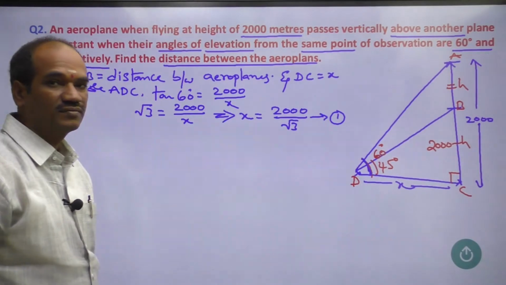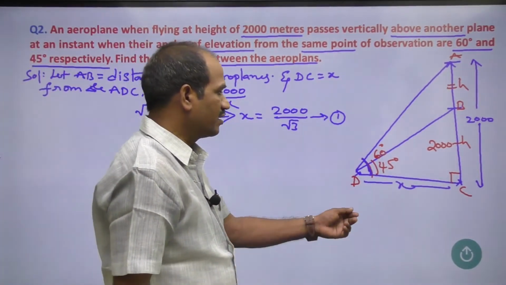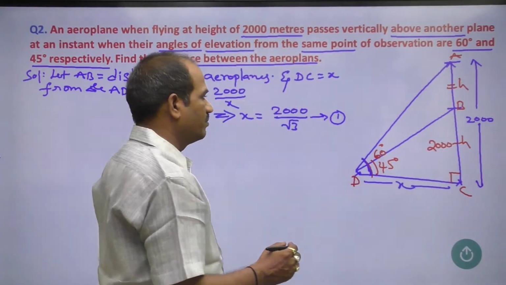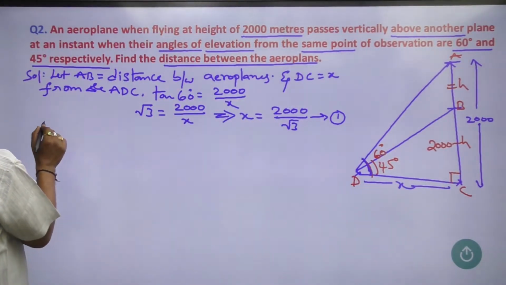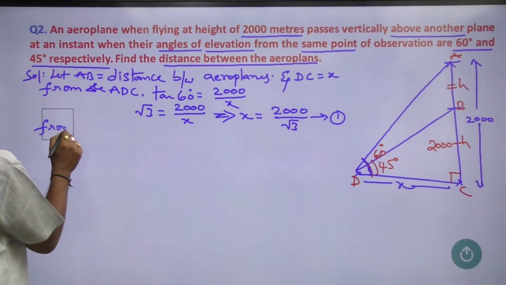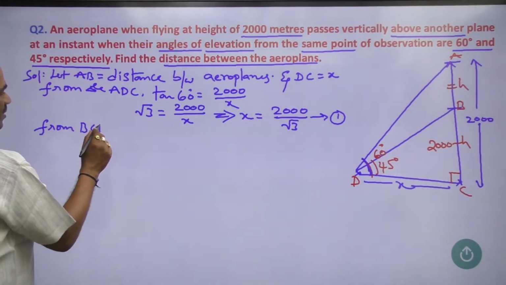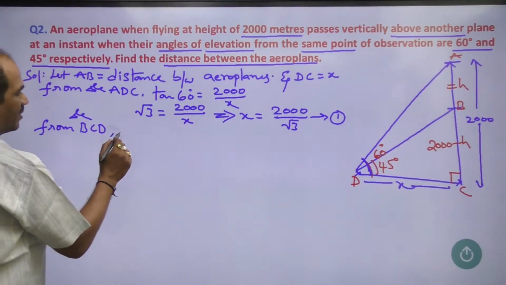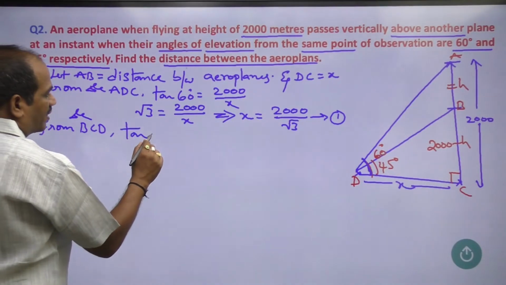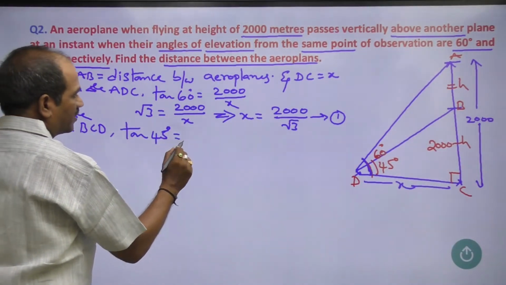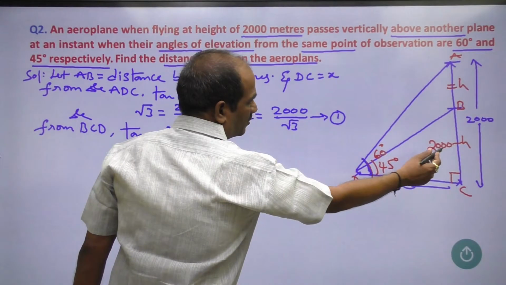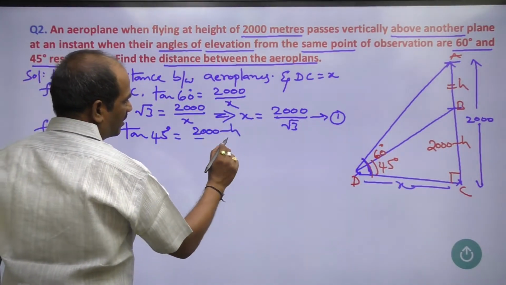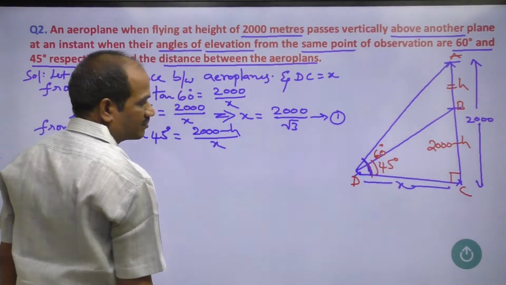Next, the second triangle, BCD. From triangle BCD, tan of 45 degrees is equal to the opposite side, 2000 minus h, by x.